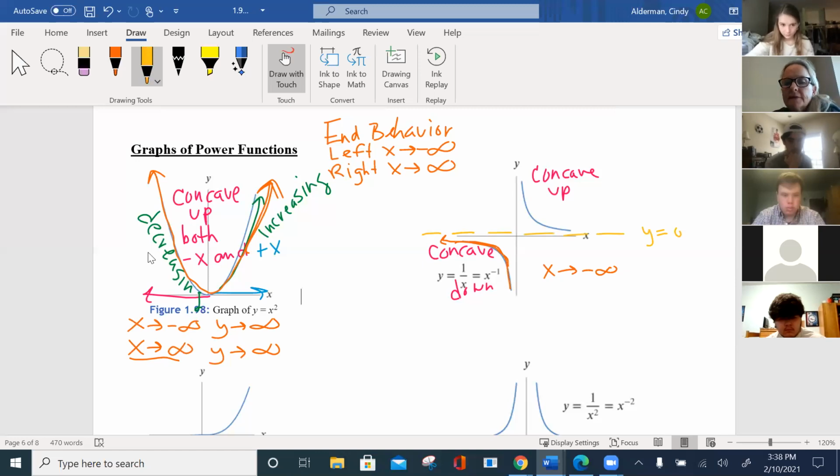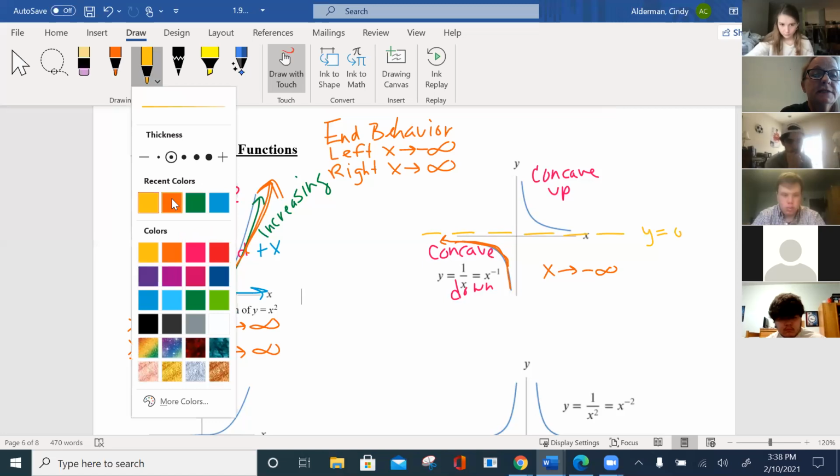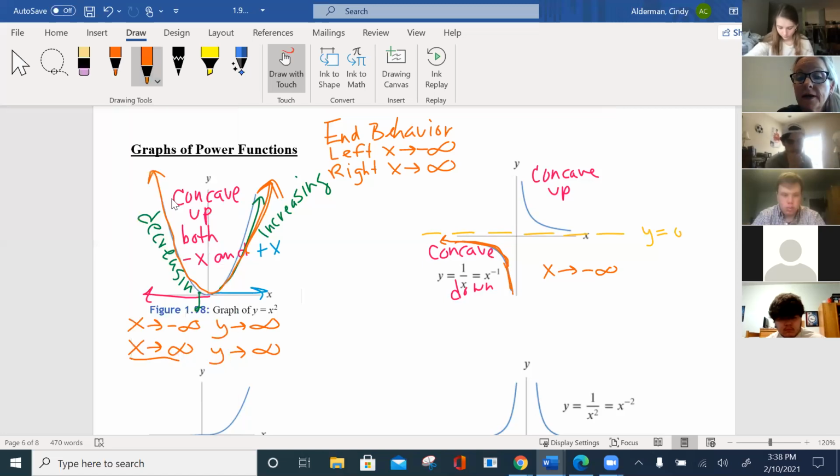So if we're traveling this way on the graph, it approaches a horizontal asymptote. I don't know if you remember from high school, but it never is going to jump over that horizontal asymptote.